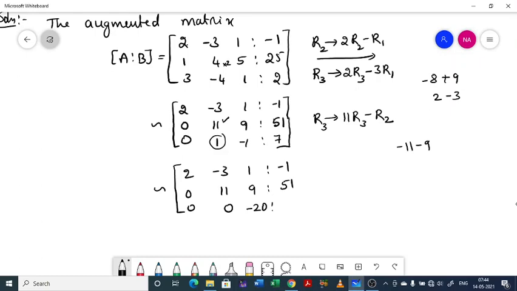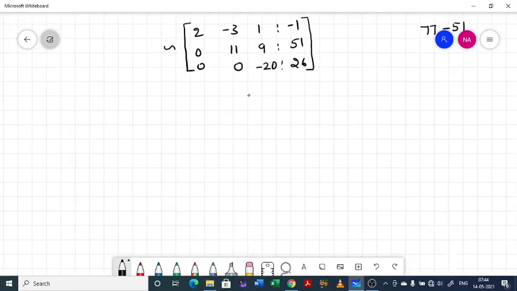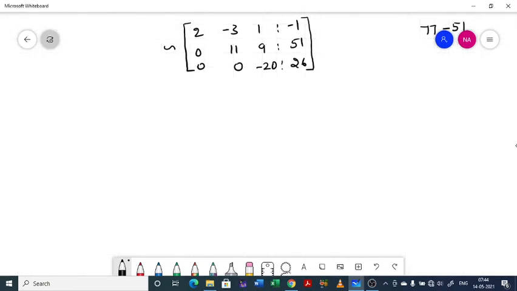And this one, 11 into 7 will be 77 minus 51. So 77 minus 51, we will be getting plus 26. So now the coefficient matrix is reduced to upper triangular form.